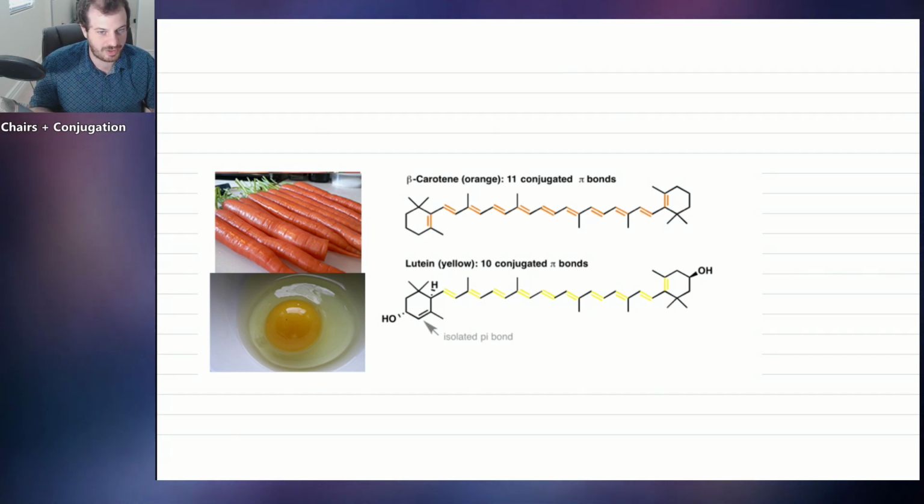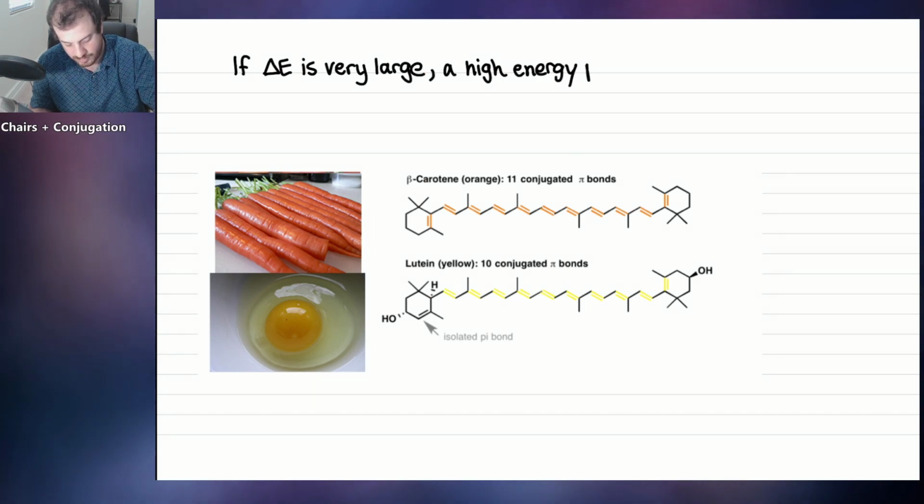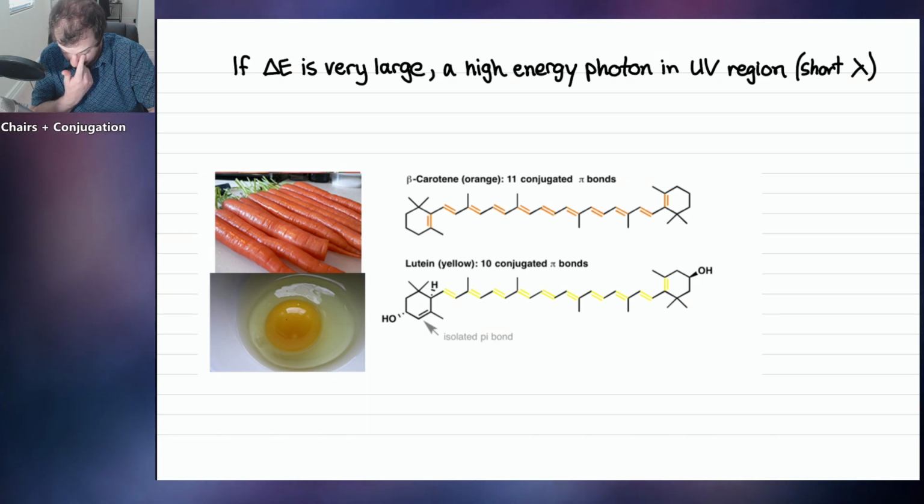Turns out the orange color of carrots is due to conjugation, and the yellow color of eggs is also due to conjugation. And so let's take a look at what this means. So if delta E, that is the HOMO-LUMO gap, is very large, a high energy photon, usually in the UV region, that means short wavelength, lambda is wavelength, can be absorbed.